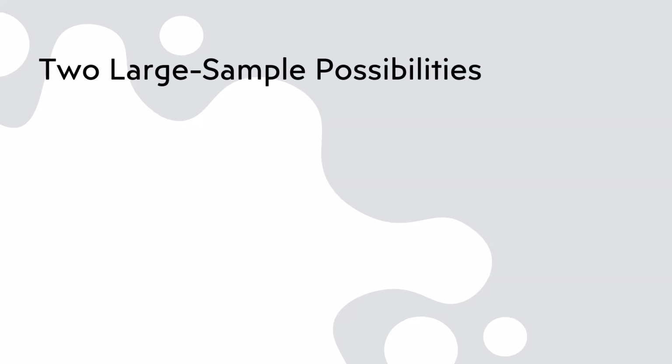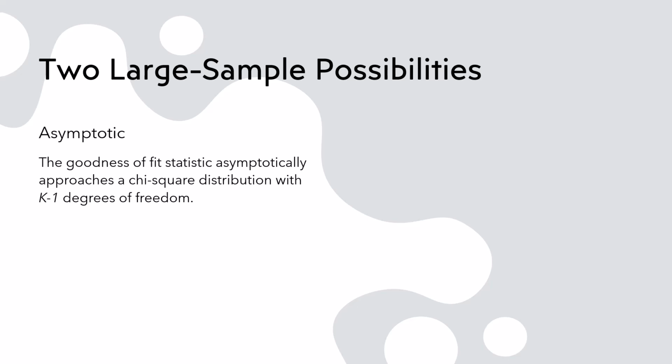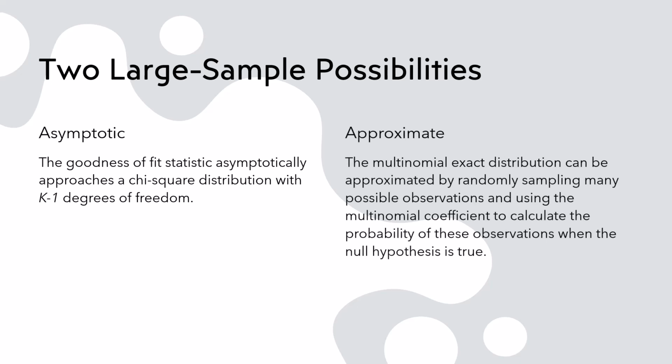But there are actually 2 large sample possibilities for calculating the p-value. The asymptotic one is to take the goodness of fit statistic and look at a chi-square distribution with k minus 1 degrees of freedom. That's what we just did. But there's another possibility, and if you've been watching all the videos in this non-parametric series, you should know that we can use Monte Carlo methods to obtain an approximate sampling distribution.